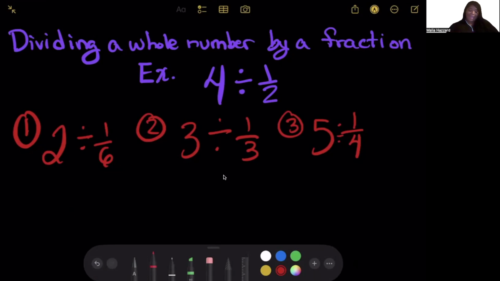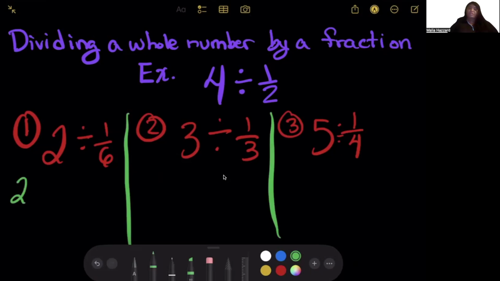And welcome back. Let's go ahead and go through these 3 problems. All right. So for these, I'm going to use the keep, change, flip method. I'm going to keep my first number, change it from division to multiplication, and then flip my second fraction.